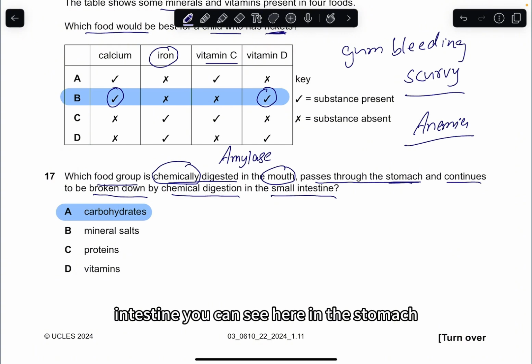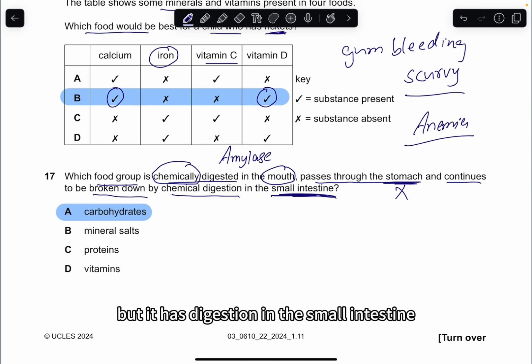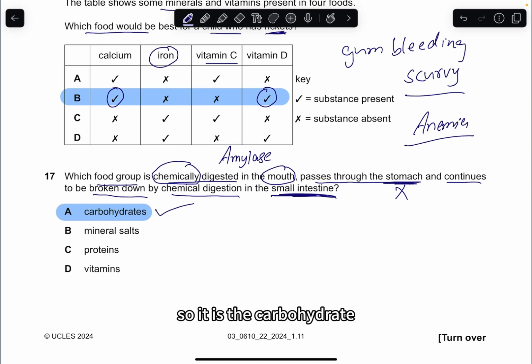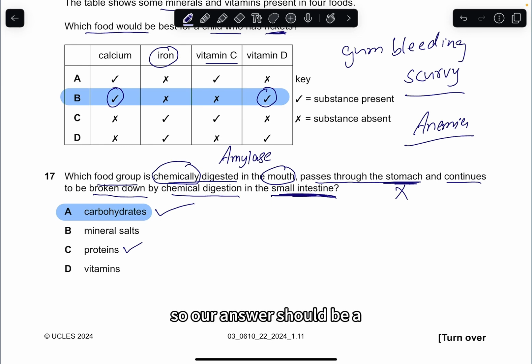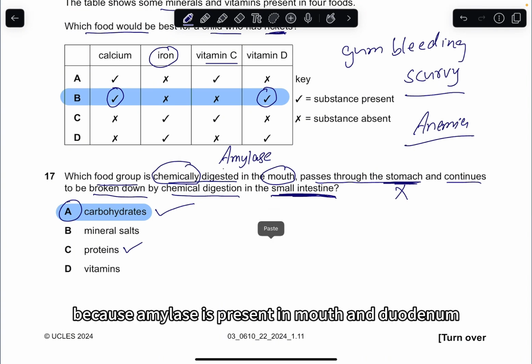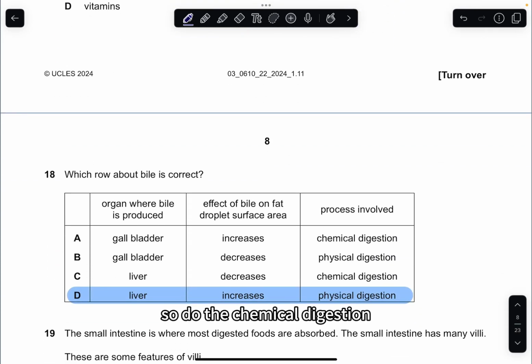You can see here in the stomach it has no digestion, but it has digestion in the small intestine. So it is the carbohydrate, because protein gets digested in the stomach. So our answer should be A, because amylase is present in the mouth and duodenum, so it does the chemical digestion.